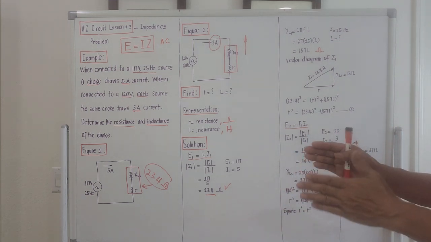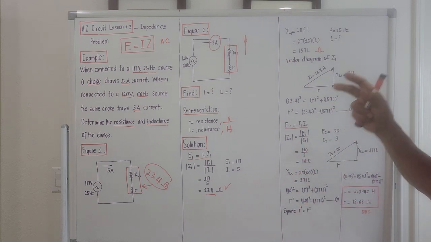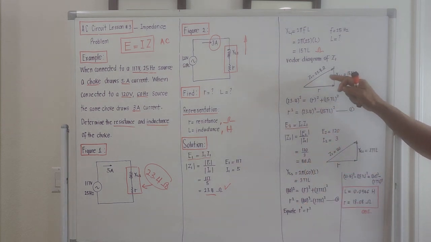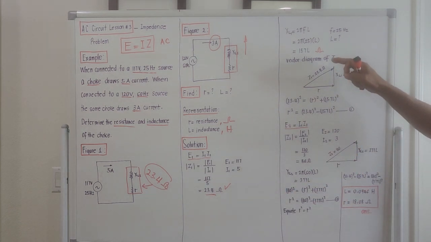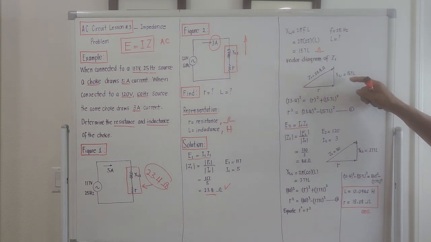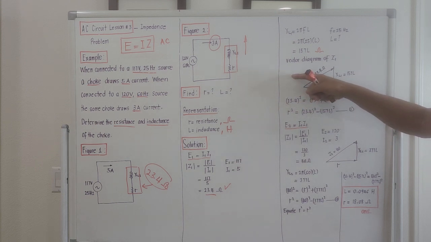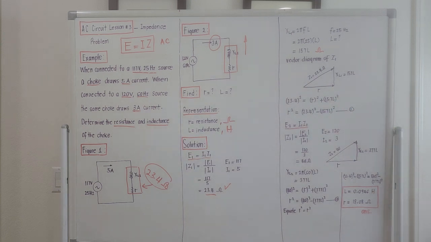So if we try to bring out the first equation that involves small r and the inductance, use Pythagoras principle here. It's algebra, right? So the square of the hypotenuse should be equal to the square of r plus the square of this in terms of L. So 23.4 squared equals the unknown small r quantity squared plus 157L quantity squared.